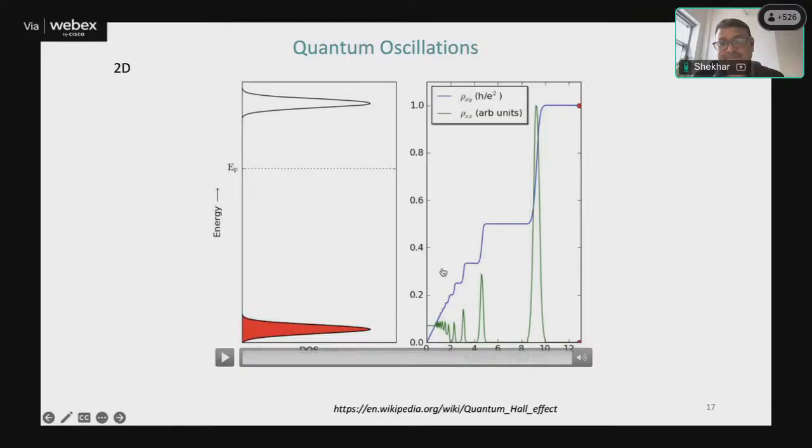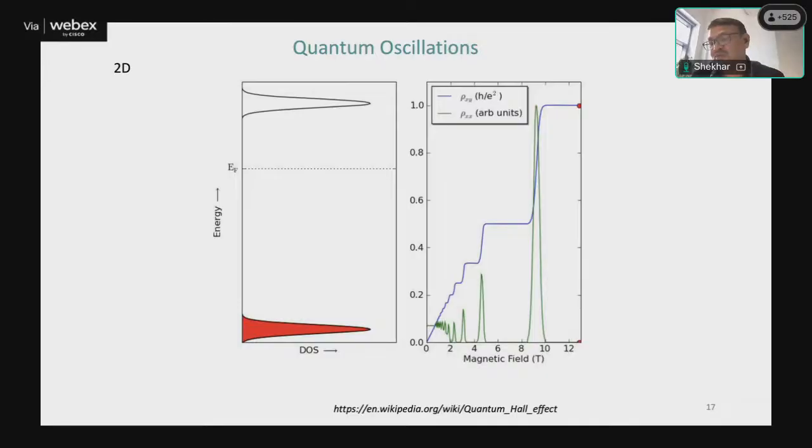With the shifting of the Landau levels, we see a jump in the physical quantity, any type of physical quantity. Here I showed you the resistance, but we can see it in specific heat, in magnetization, in torque measurement, because all these physical quantities depend upon how much density of states there is at the Fermi level.